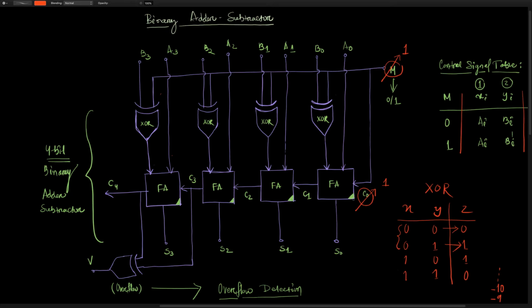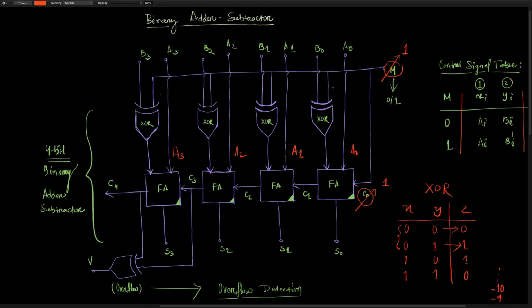For 2's complement subtraction, you keep the first number as is, and that's exactly what is happening here. A0 remains as is, A1 remains as is, A2 remains as is, and A3 remains as is. Whereas you take the 2's complement of the next one.